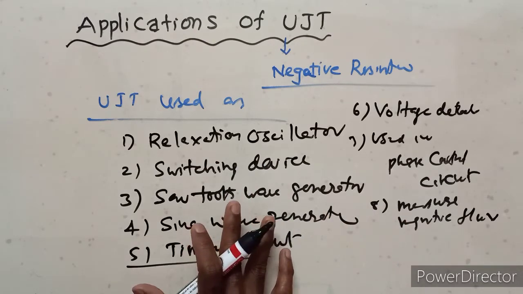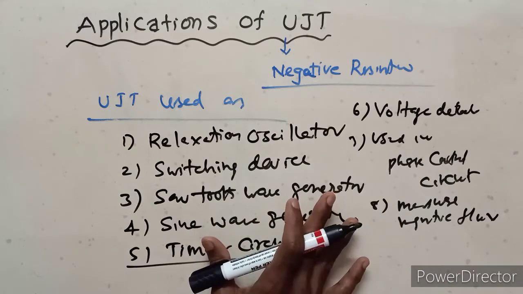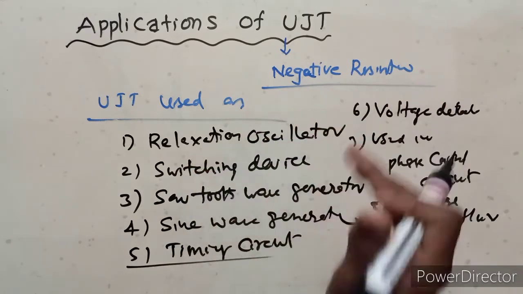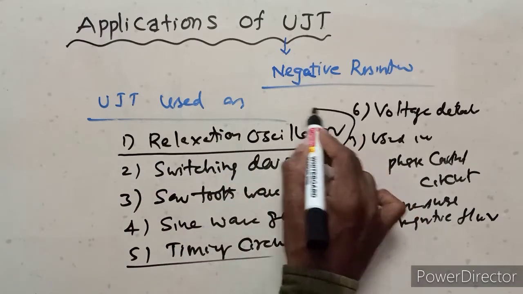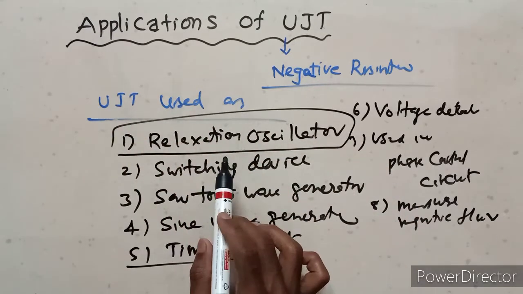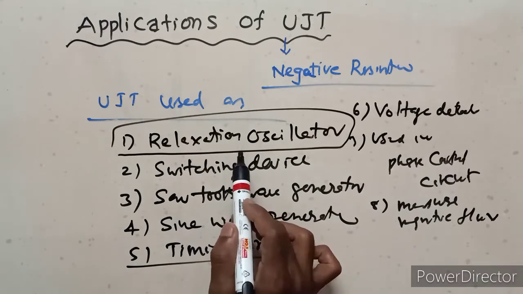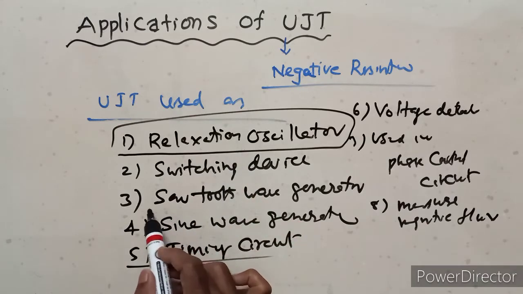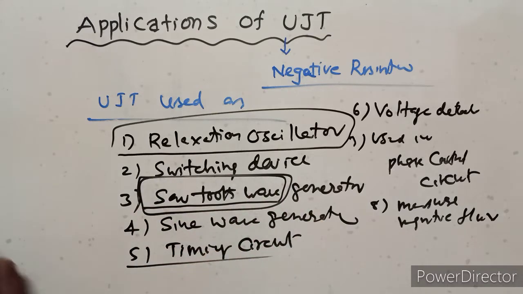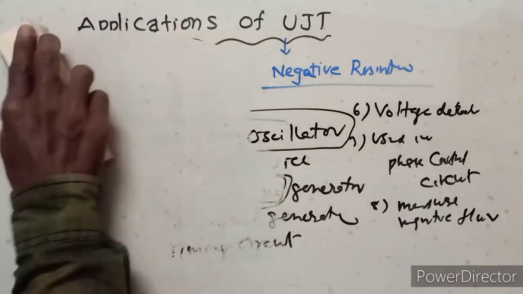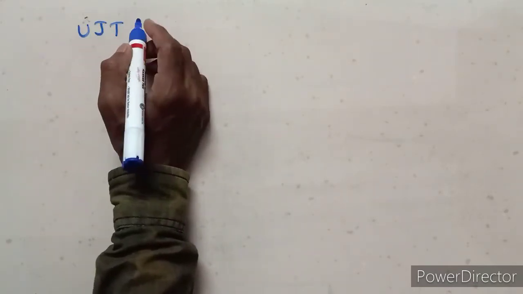These applications are possible because of the negative resistance. Mainly important is the relaxation oscillator. The UJT is used as a relaxation oscillator, and the relaxation oscillator produces a sawtooth wave. UJT means unijunction transistor.